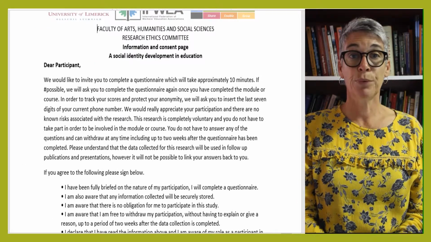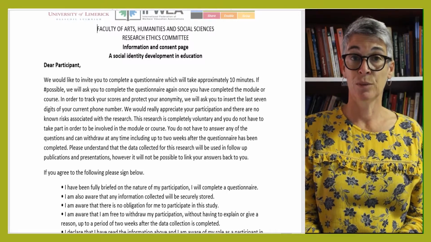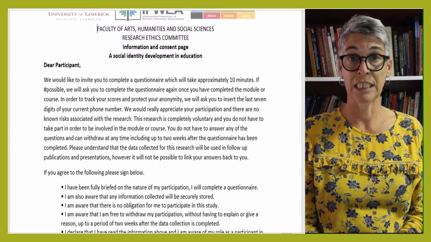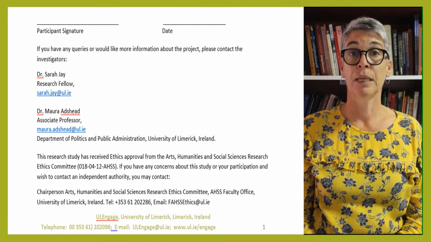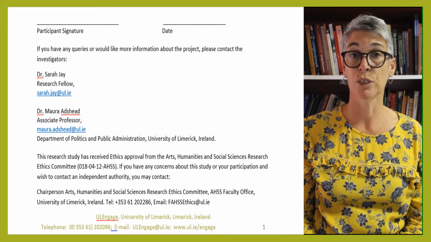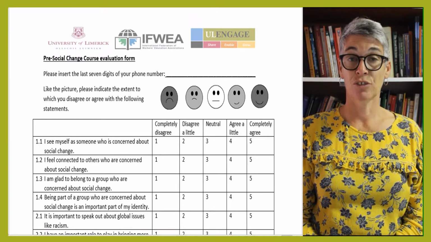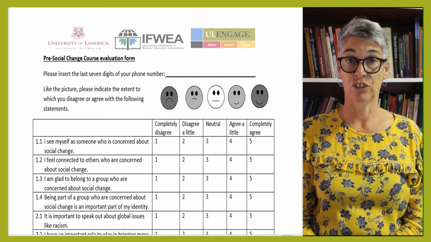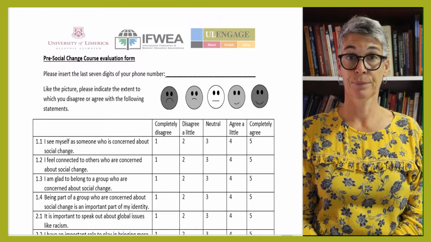So I'm just going to briefly show you quickly the questionnaire. It begins with an information sheet and a consent form. And I'll talk in more detail in a moment about the information and consent form when I talk about the ethics of the research. So this is a screenshot of the beginning of the questionnaire with the items and the 5-point response scale that I talked about.